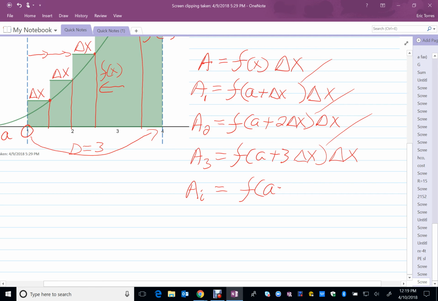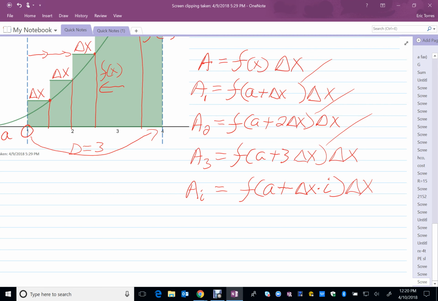Is going to be a plus either i times delta x, or many times written as delta x times i. Again, I'm going to multiply by how many rectangles I've gone over. So that's the area of each and every single possible rectangle.